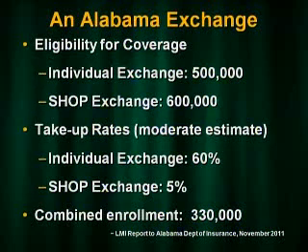But obviously not everybody is going to take that coverage. Even though they're eligible, they may already have coverage. They may choose to pay a penalty. So their best estimates, at least their mid-range estimates, were that about 60% of those eligible would take the individual exchange. About 5% would go through the small group exchange. That 5% may strike you as surprising, that so few small employers would go that route. That's probably a high side estimate.